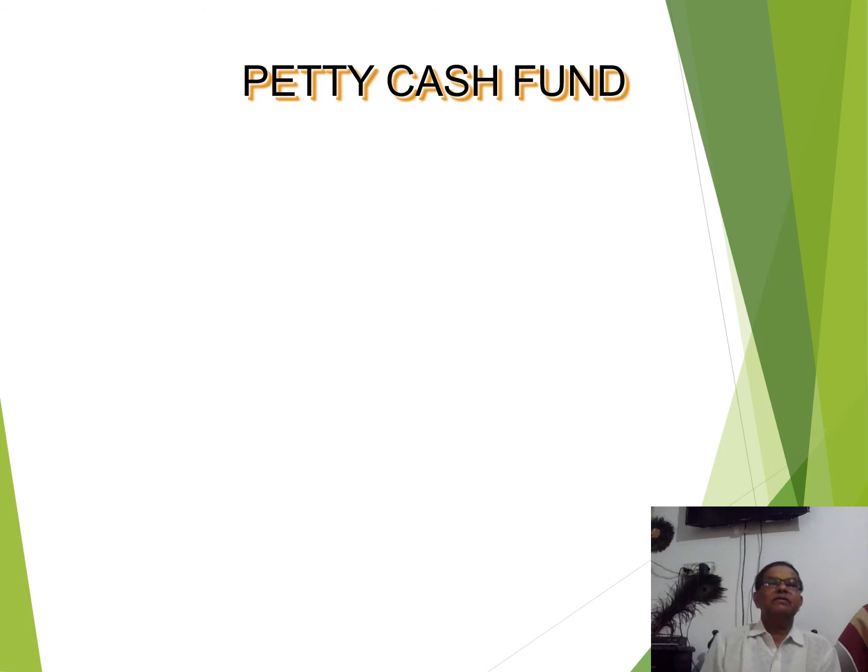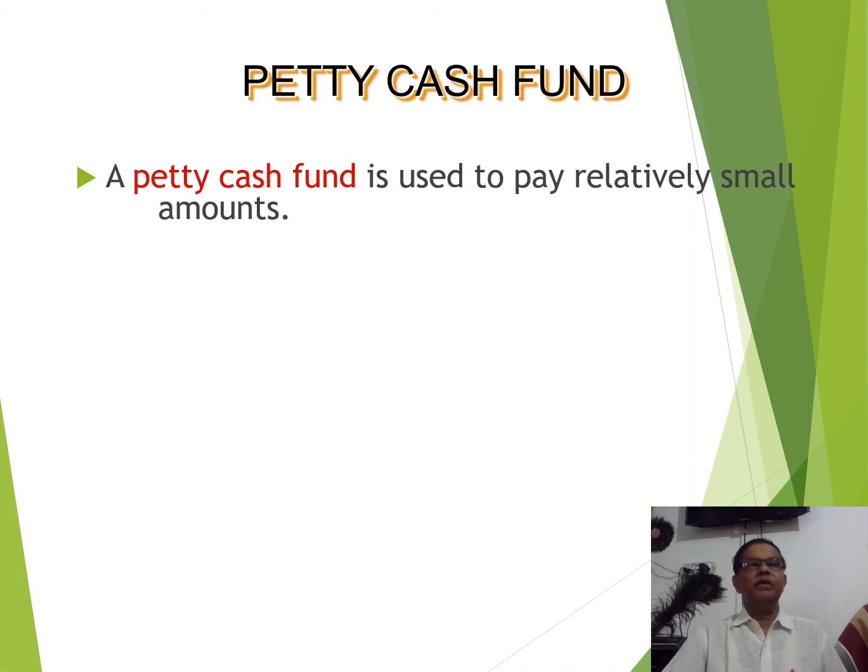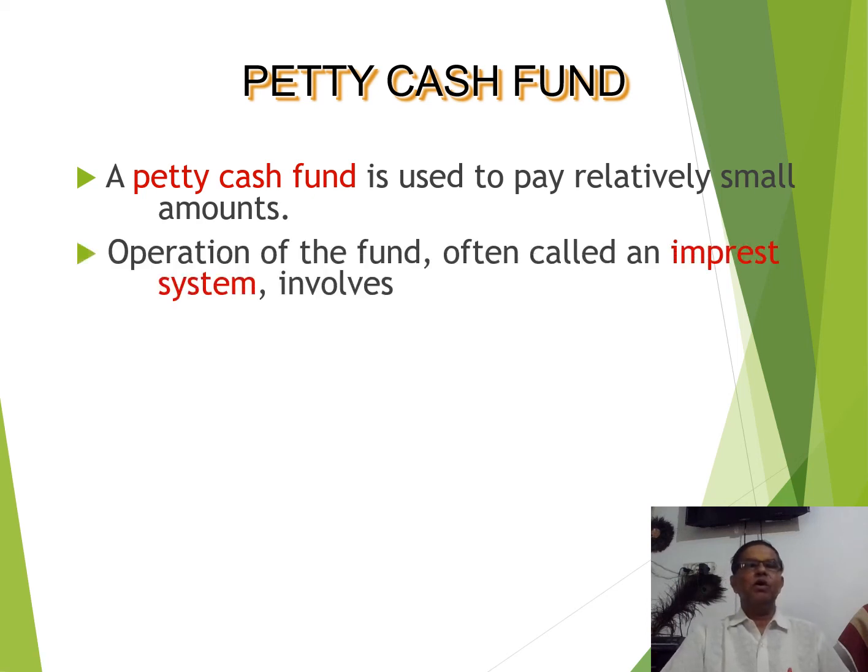So here another part is very important: petty cash, or the petty cash fund. Petty cash is used to pay relatively small amounts, meant for meeting day-to-day expenditure. Operation of the fund, often called an imprest system, means advance payment.